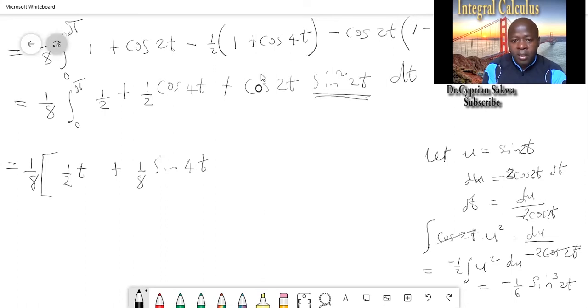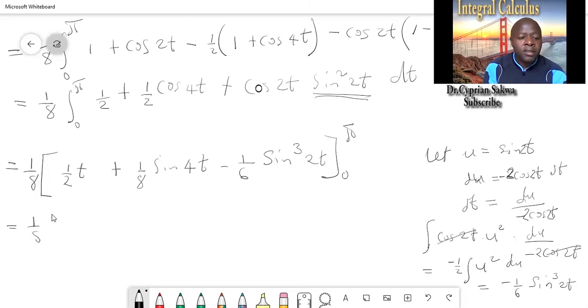So the integral of this is negative 1 over 6 sine raised to 3 2t. Our limits are from 0 to pi, so we can now put our limits and see what we get.